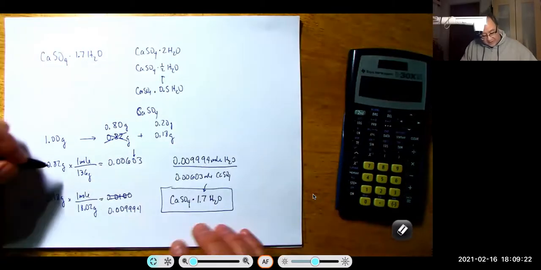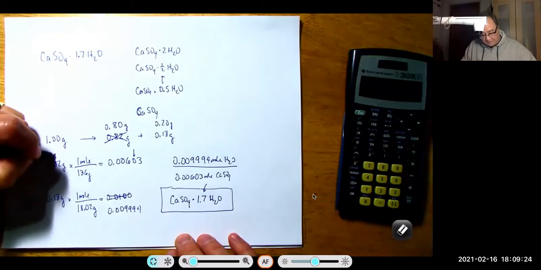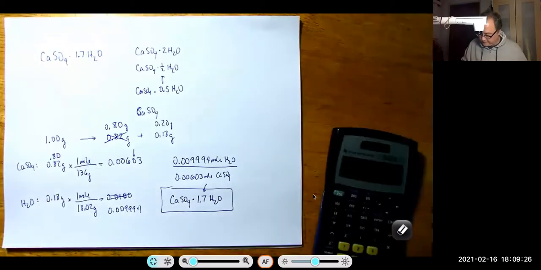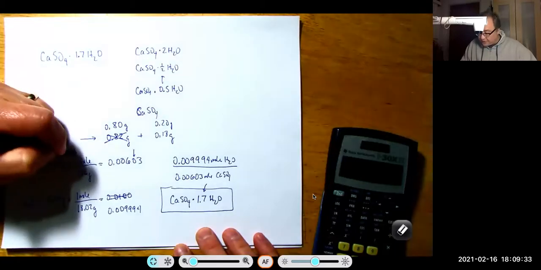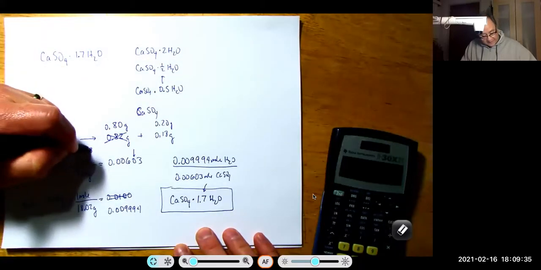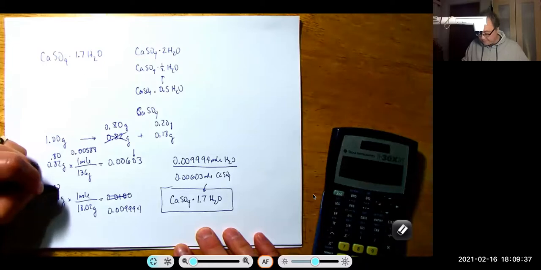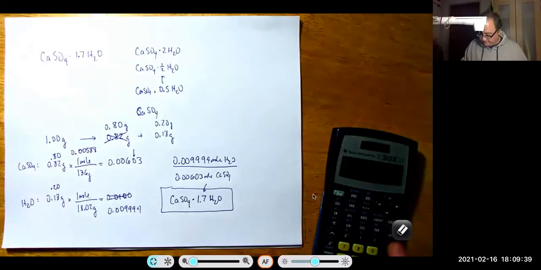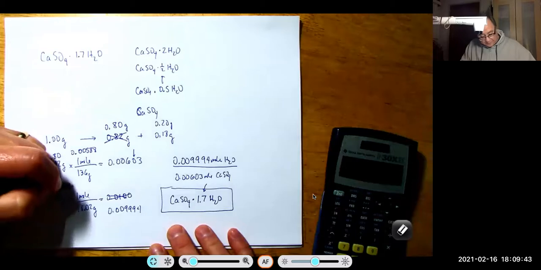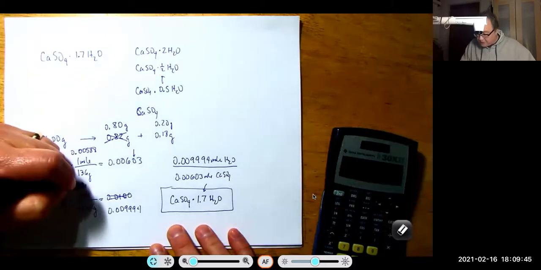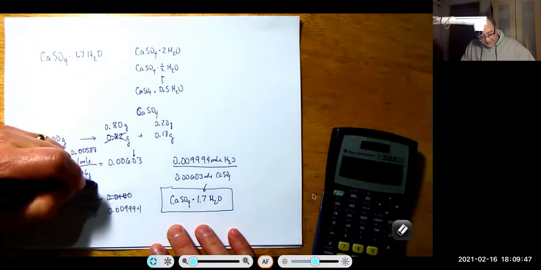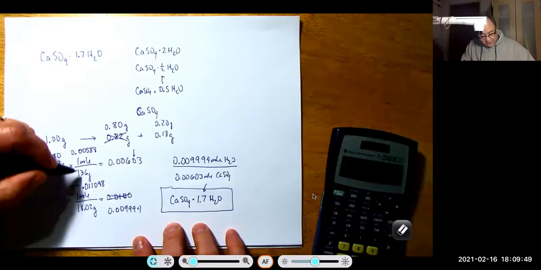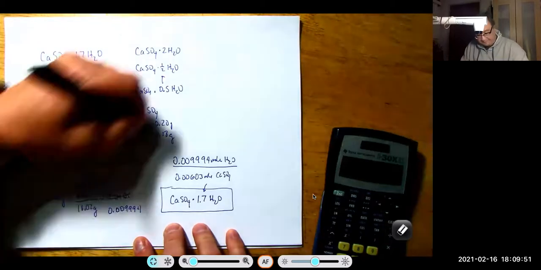So here, if this was 0.80, I'd get 0.00588. And if this were 0.20, I'd get 0.011098.